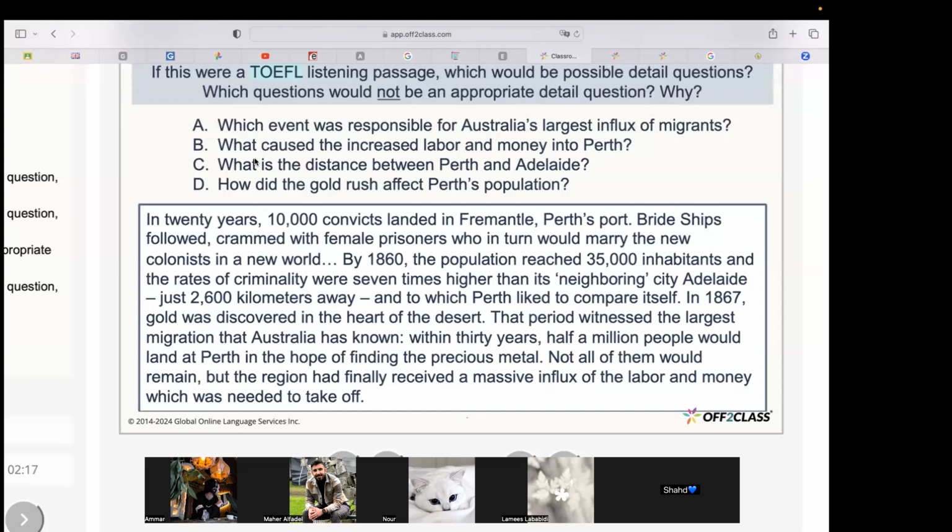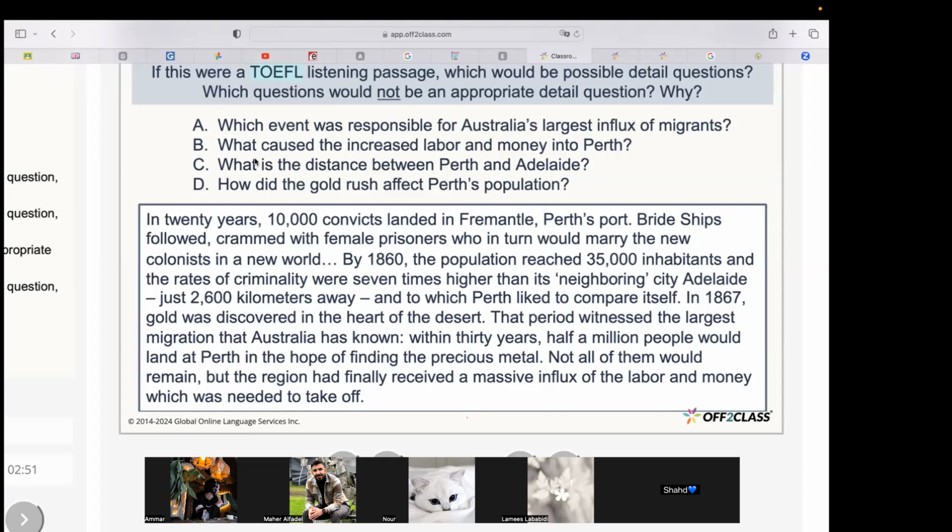Awesome. Now, which event was responsible for Australia's largest influx of migrants? They discovered the gold in the heart of this desert. Awesome. What caused the increased labor and money into Perth? You can answer this.